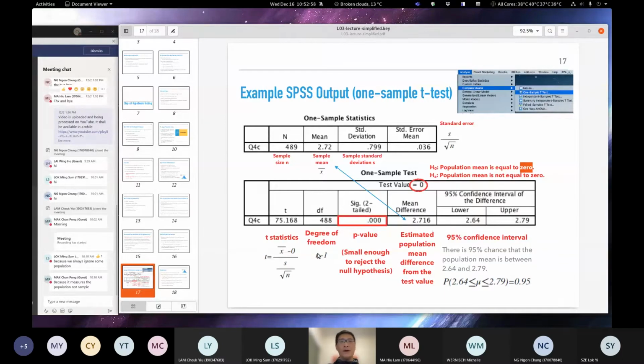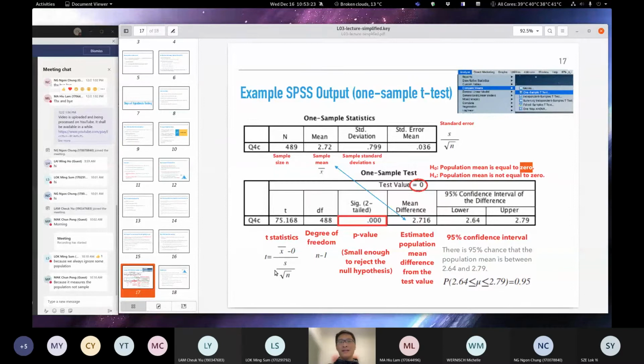You don't have to worry about why this is the case, because we are not learning statistics here. Now, the t value is basically calculated by the sample mean minus the test value, 0 in this case, divided by the sample standard deviation, and then divided by the square root of n, or in other words, this is the standard error mean here.